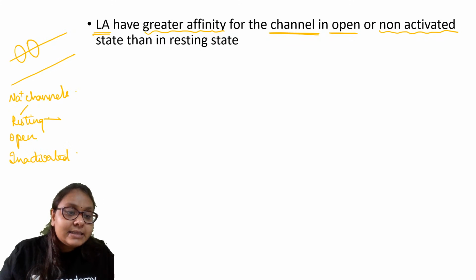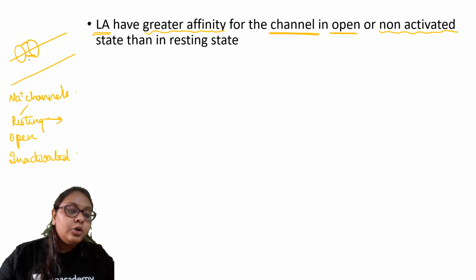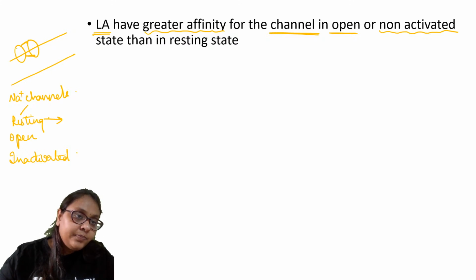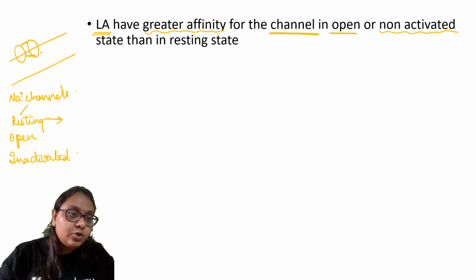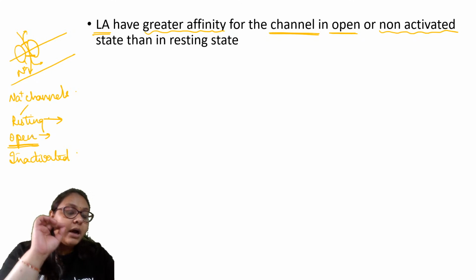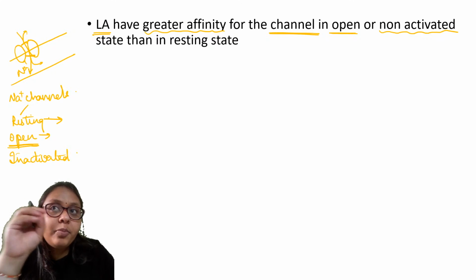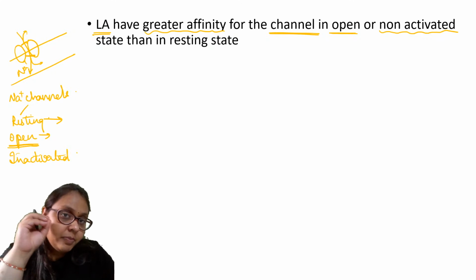ठीक है, रेस्टिंग स्टेट में क्या होता है? बोथ द अपर एंड द लोअर गेट्स आर क्लोज्ड. ठीक है, बोथ द गेट्स आर क्लोज्ड व्हिच हैपेंस इन द रेस्टिंग मेम्ब्रेन पोटेंशियल रेस्टिंग स्टेट. Open when the stimulus is applied, both these gates open up and there is influx of the sodium that is happening in the open state. मगर ये जो सोडियम चैनल्स हैं, ठीक है, they open for a very short period of time.